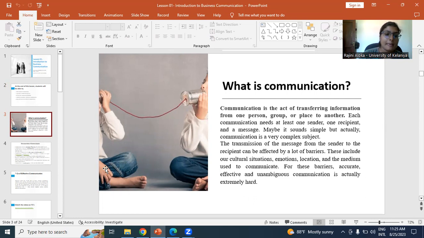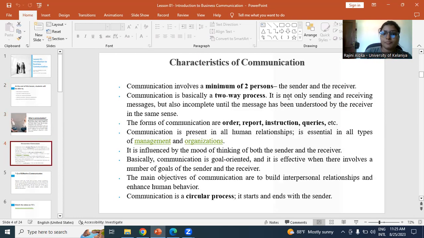Moving on, characteristics of communication. Communication involves a minimum of two persons, the sender and the receiver. Communication is basically a two-way process.